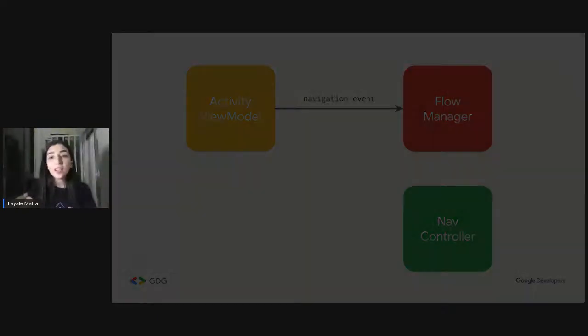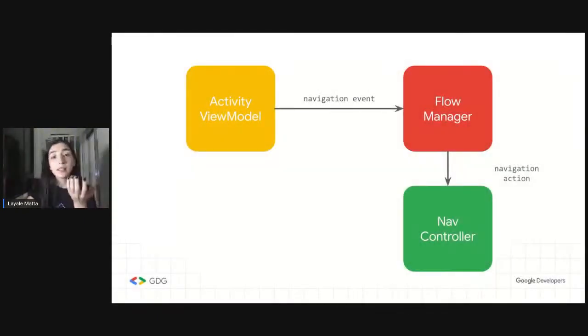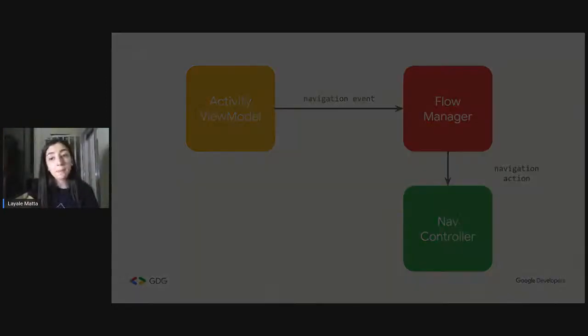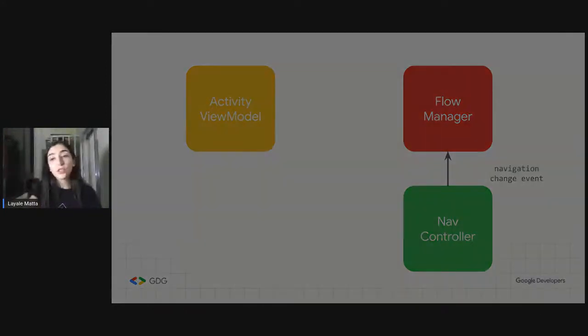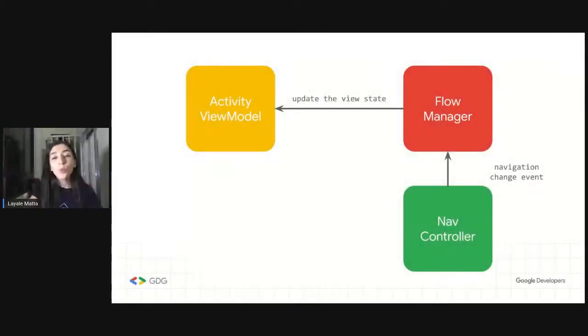The flow manager will convert this navigation event into a navigation action, of course, by using the nav controller in order to be able to navigate. And on the other hand, the nav controller will look for any changes that need to be done and will send them to the flow manager. The flow manager will update the view state and will send it to the view model.